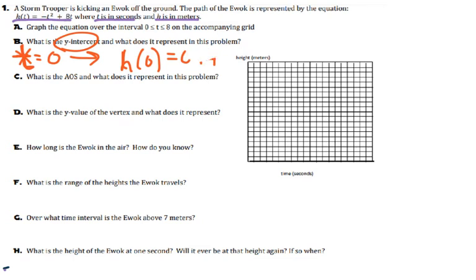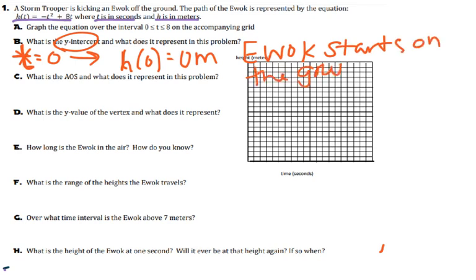Nope, not feet. 0 meters. What this means is the Ewok starts on the ground at 0 meters. So he's flat on the ground before the stormtrooper kicks him.